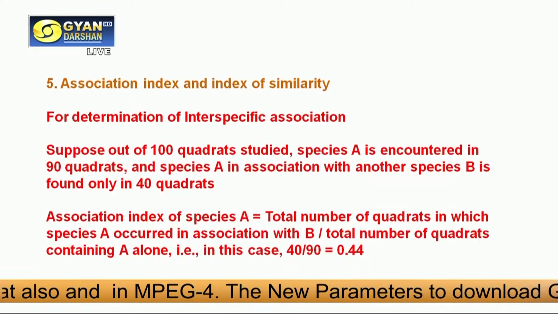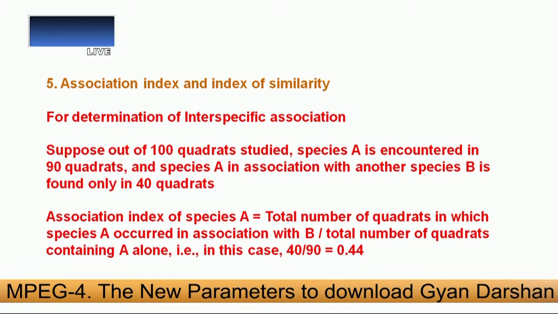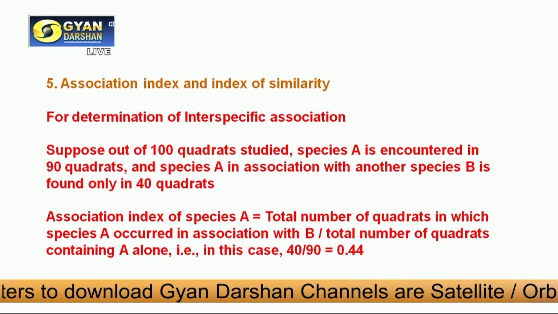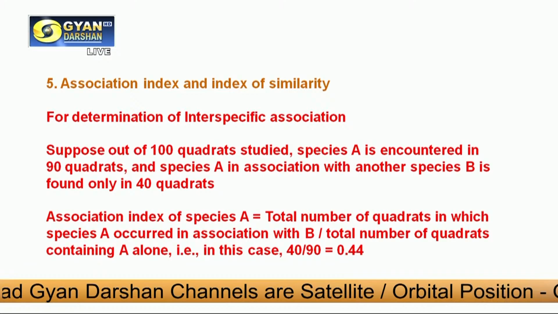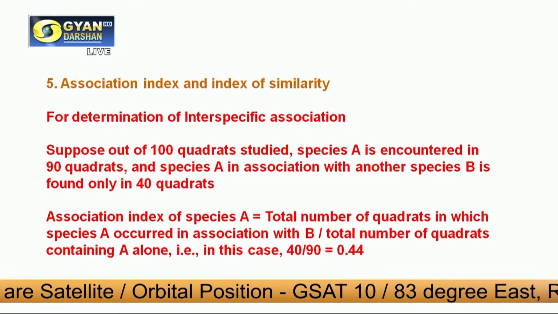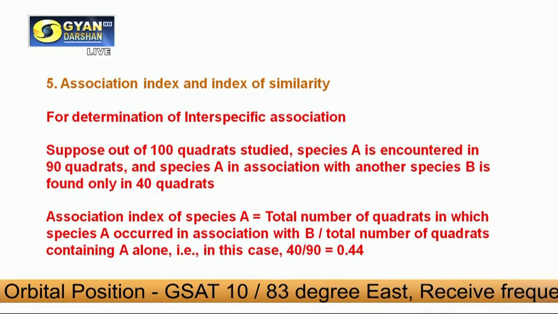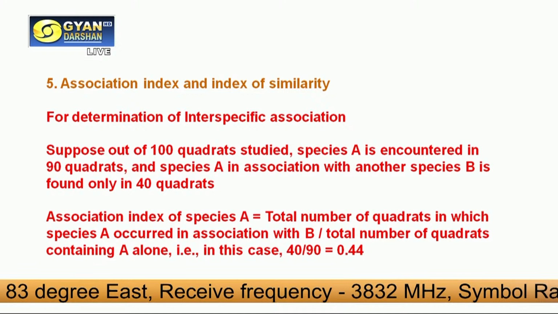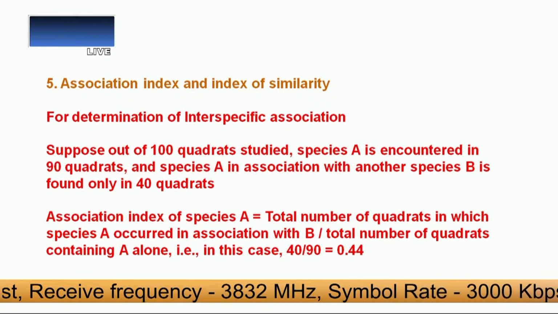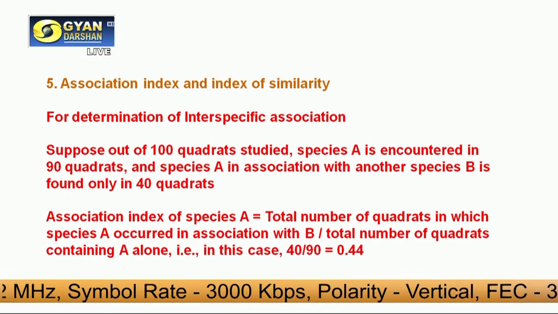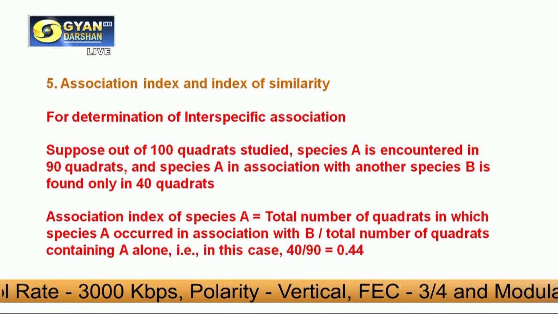So out of 100 quadrats, you find species A in 90 quadrats. And species A in association with another species B is found in 40 quadrats. So basically you are studying species A. You find species A in 90 sampling units, and species A together with species B is found in 40 quadrats.